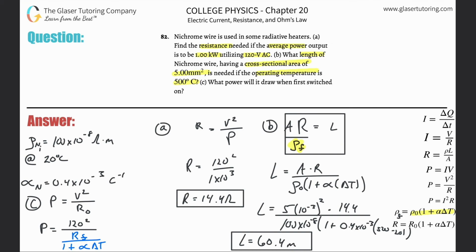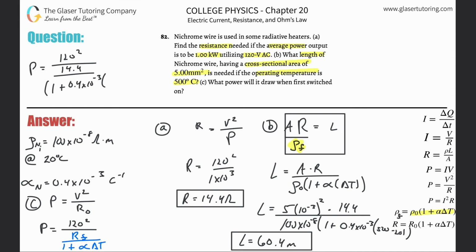So I'm going to do the math in the upper left now. So power will be equal to 120 volts squared divided by the final, which we said is basically the operating resistance, so 14.4, all divided by now 1 plus my alpha value of 0.4 times 10 to the minus 3, multiplied by then the change in temperature, right?